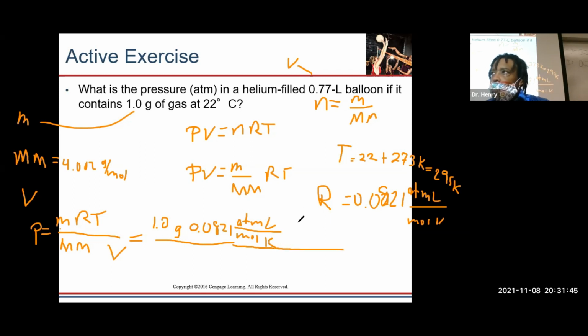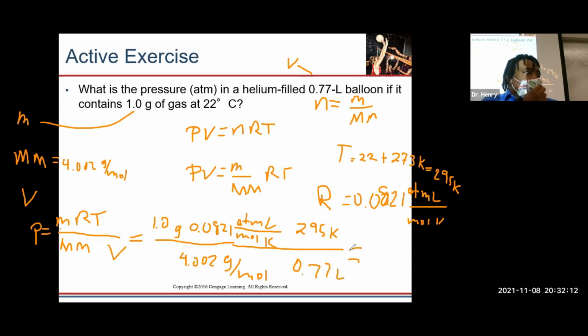Our temperature, 295 Kelvin, divided by our molar mass, which is 4.002 grams per mole, times our volume, which is 0.77 liters. And that equals, what does it equal?